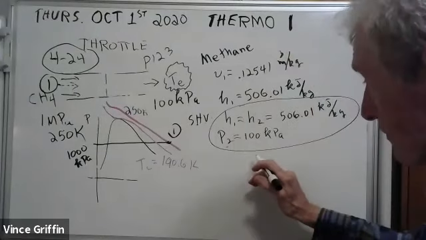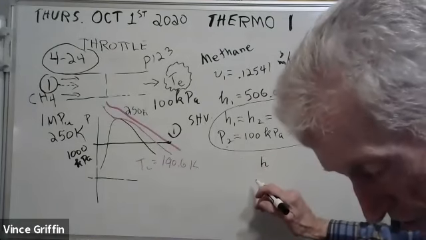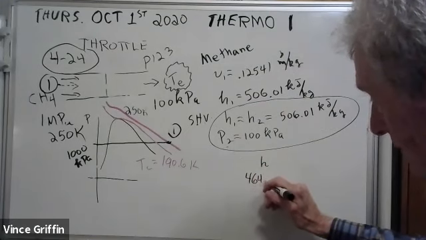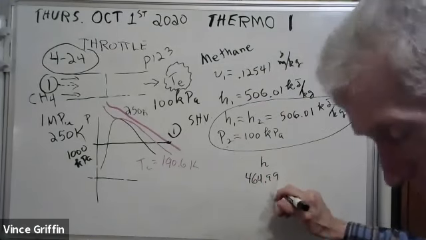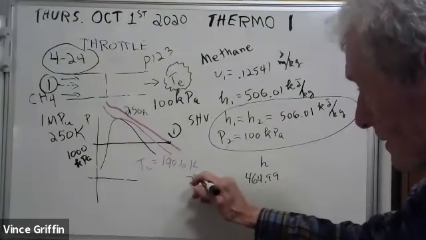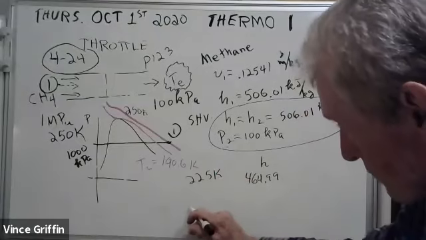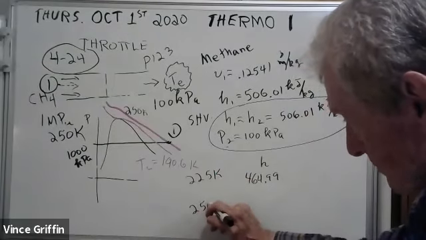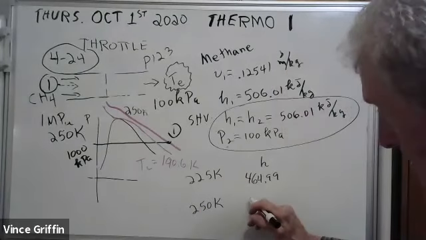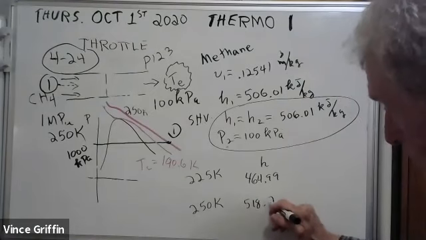Now here we go. There's some room here. Now the H goes from 464.99 at 225 Kelvin to 250 Kelvin. And the H there is 518.27.